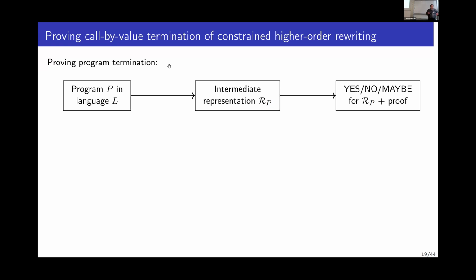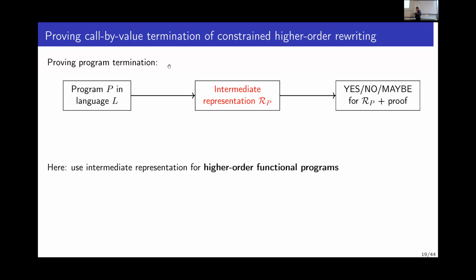And the reason why I care about call by value is that a number of relevant programming languages use call by value strategies. So OCaml, Scala, if we're thinking about functional programming. And analyzing with regards to specific strategies has the benefit that you get more powerful tools, because you can make stronger assumptions about what can and cannot happen.